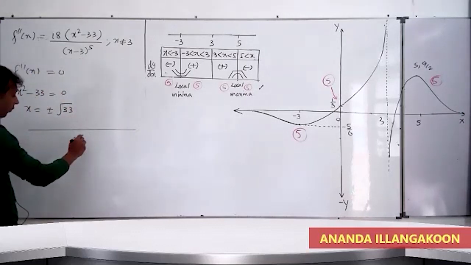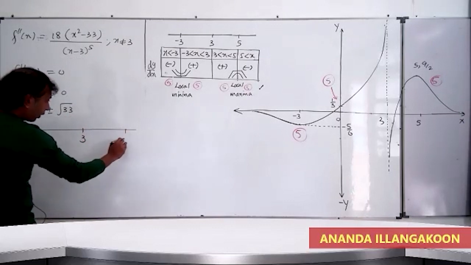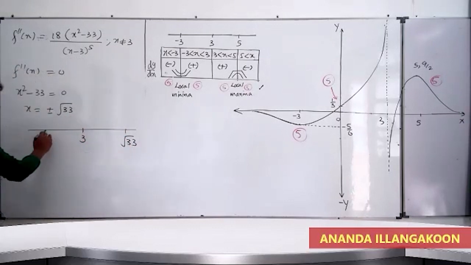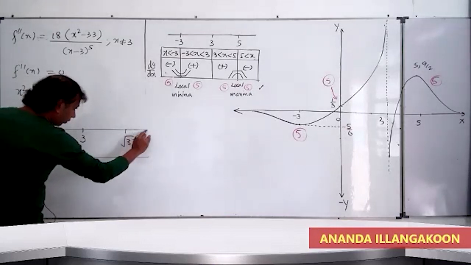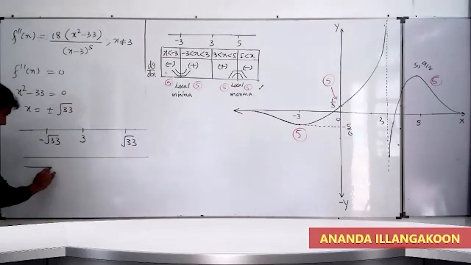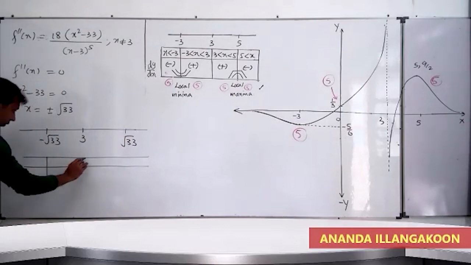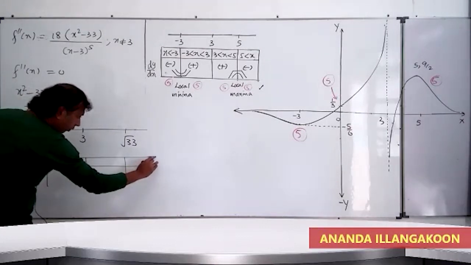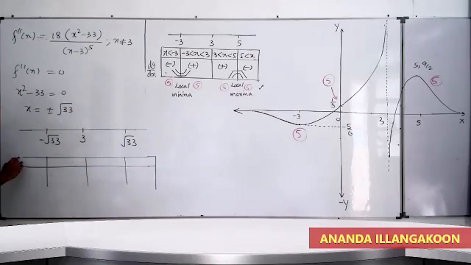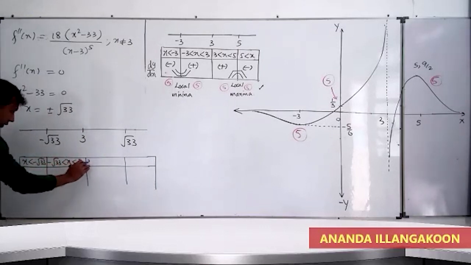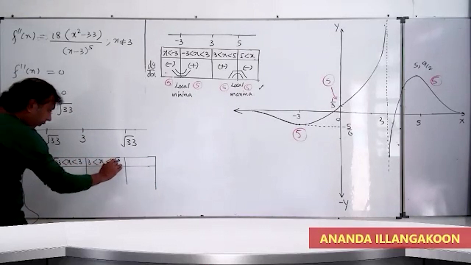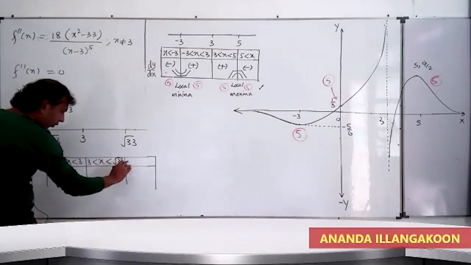Then at 3 we have the vertical asymptote, here plus root 33, here minus root 33. These are the intervals.